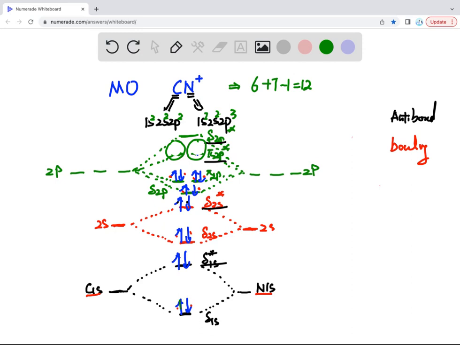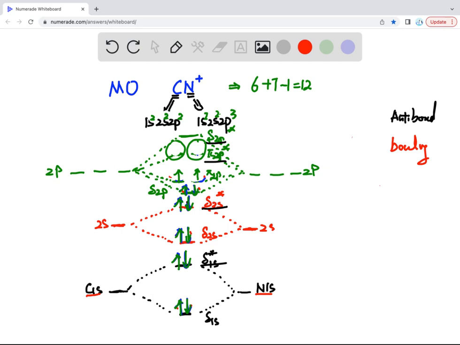So we fill 1 electron, 2, 3, 4, 5, 6, 7, 8, 9, 10. And it turns out there are another 2 electrons, so that will fill here, 11 and 12.